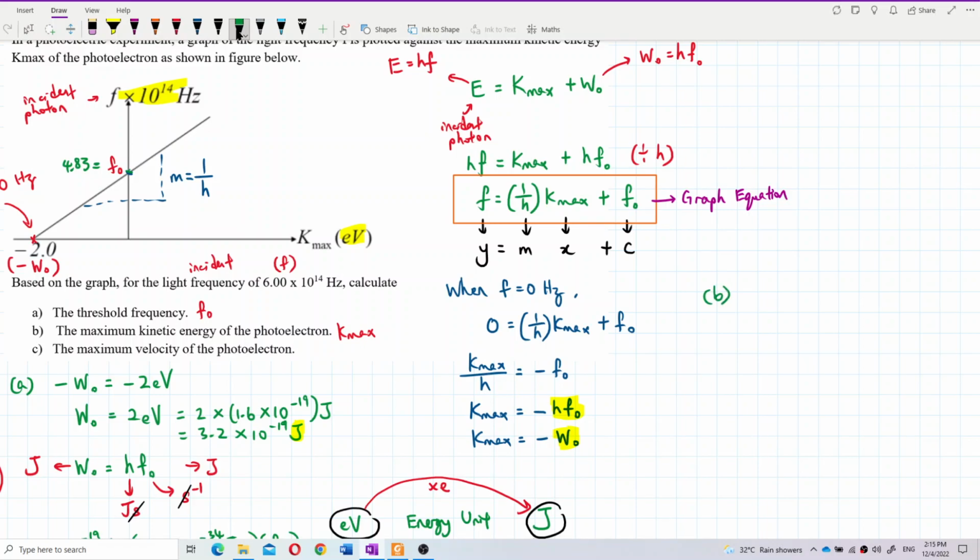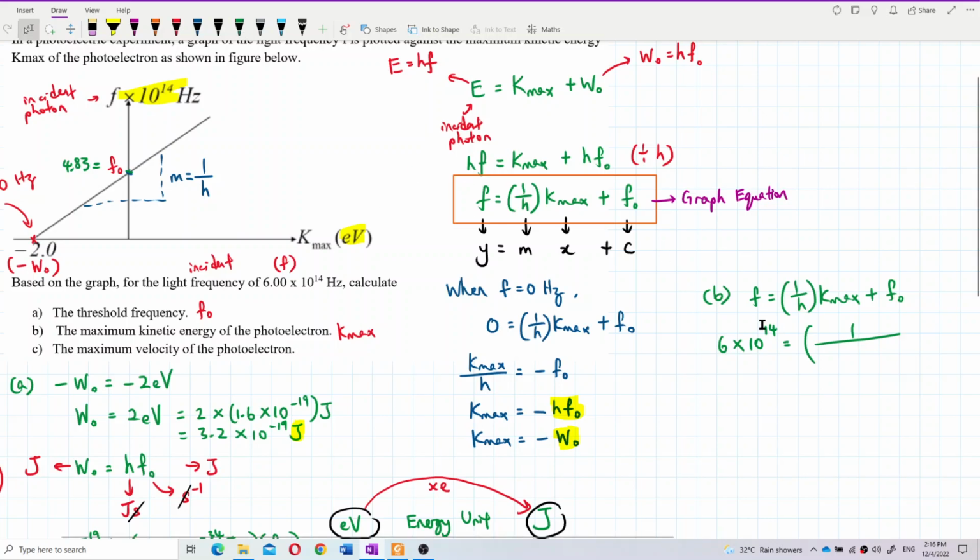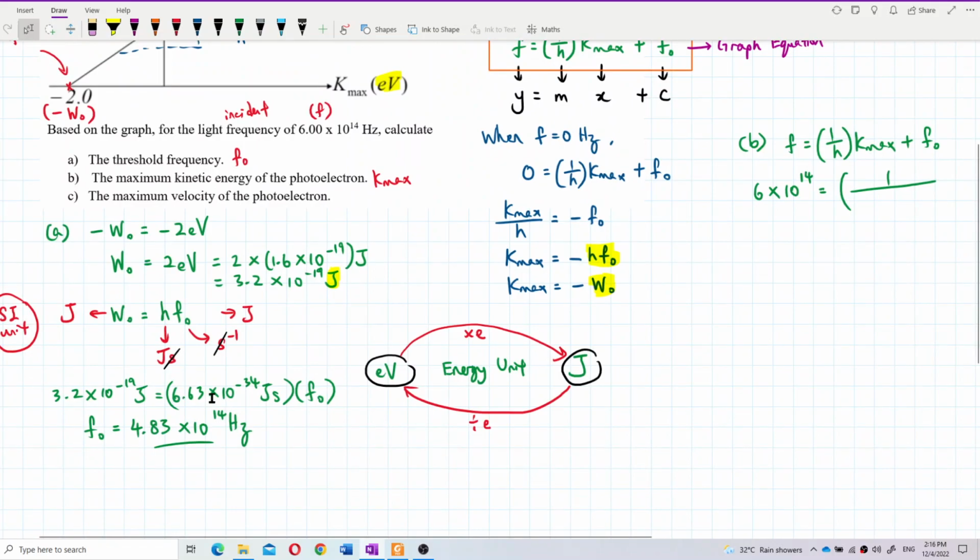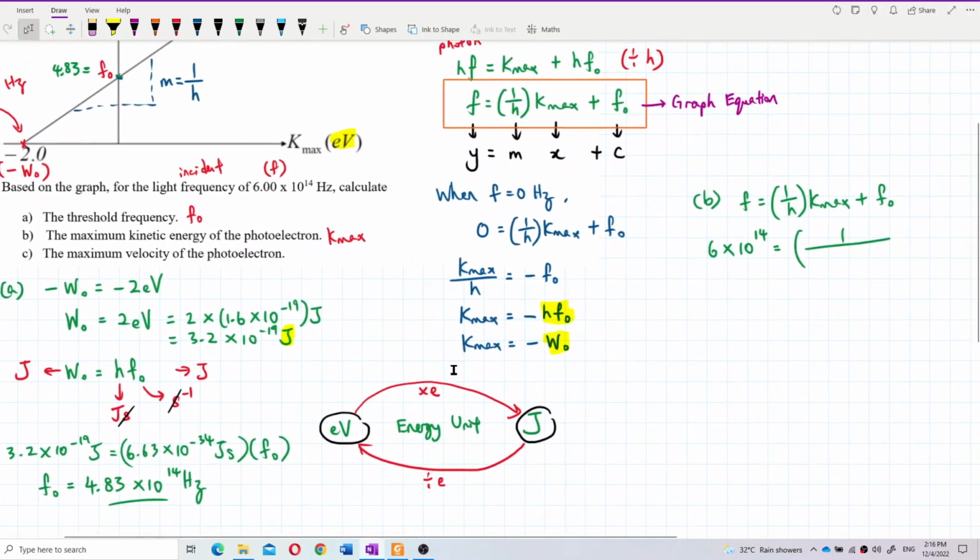Question B. So we want to find Kmax. I just use this equation that you derived just now: f equal to 1 over h Kmax plus f0. So for this f you just put 6 exponent 14 hertz, and then h is the Planck's constant, the constant value you got from the list of constants, 6.63 exponent negative 34.